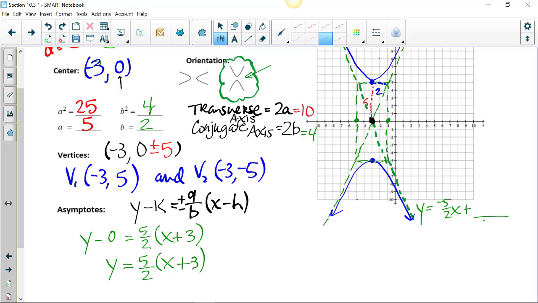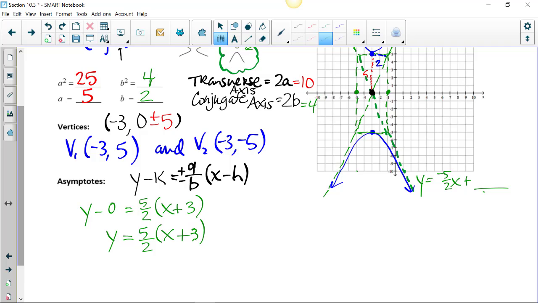Okay, now if you were going to graph them, you would need to go ahead and multiply that out, distribute the 5/2 to actually get the y-intercept. So y equals 5/2 x plus 5/2 times 3 is 15/2.